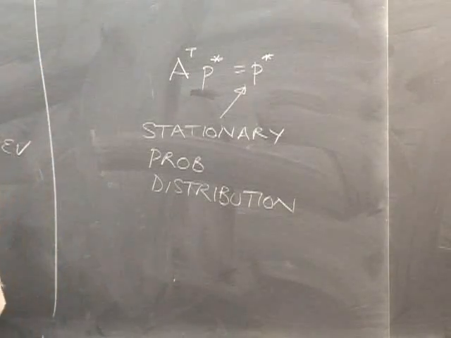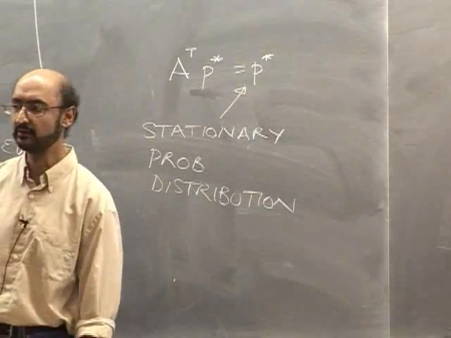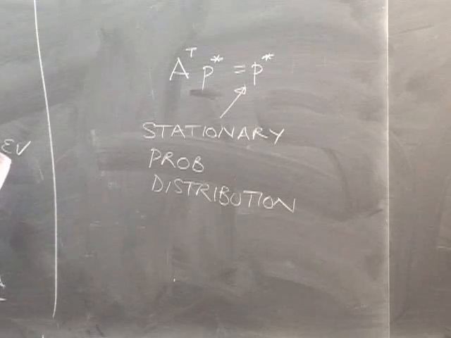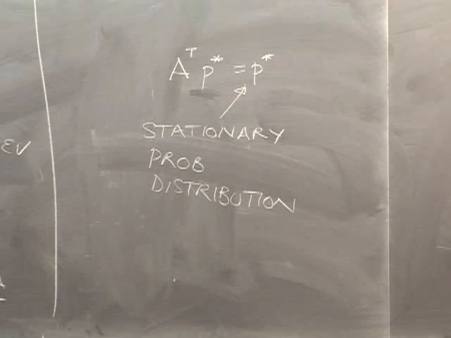The second important point is that under some conditions, which I will not go into but we study in queuing theory, we can show that as long as A is stochastic, eventually you'll get to P star. And once you get to P star, you don't leave. Imagine there's this space, and P star is this point in the space. It's like gravity. Everything is going to go and stick to P star. No matter where you start from, you're going to get to P star.